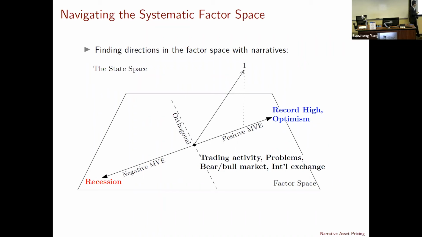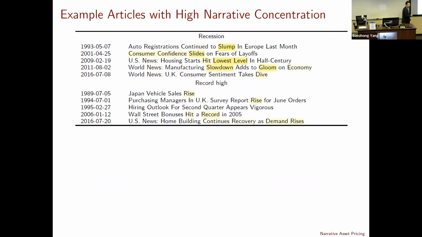So why is that? I can zoom in to look at the articles that have high concentration on those topics, right? The negative one, recession, and the positive one, record high. And here I'm highlighting the words that have a high concentration on the narrative. This is how the machine reads this text.